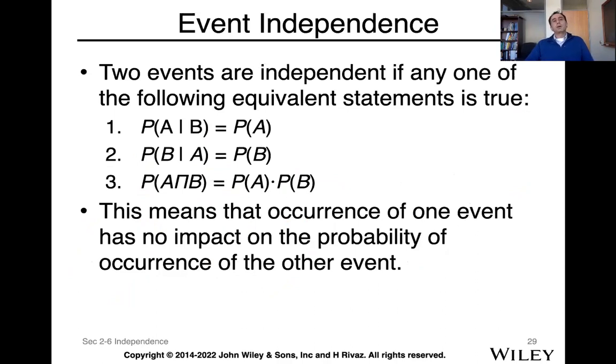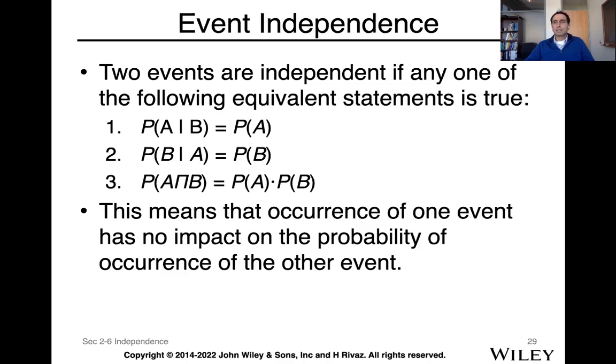So now we talk about another extremely important topic, and that's independence, right? We call two events independent. If for any reason there's an overload of information, really try to pay attention, because this is important, and you can go and watch the video again.